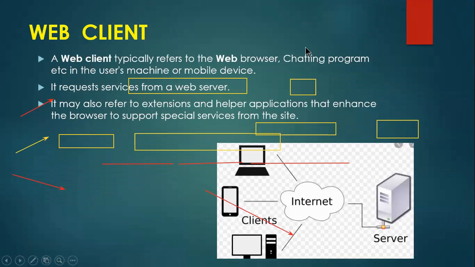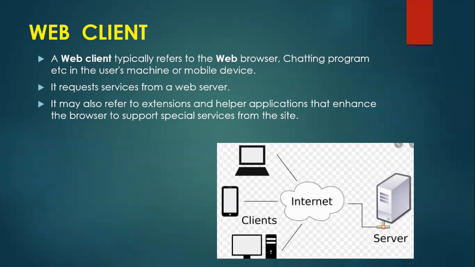Web client. So a web client is actually web browser. It can be some other programs also, like chatting programs or some small extensions or helper applications that enhance the browser to support special services. So let us see these points once again.